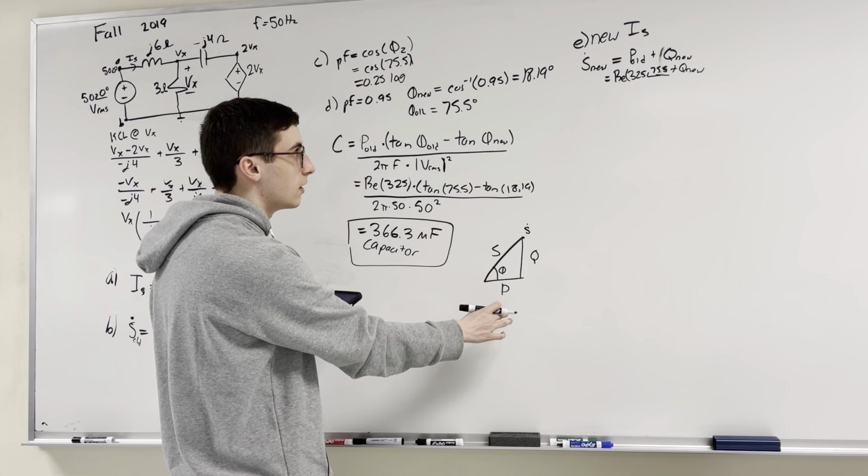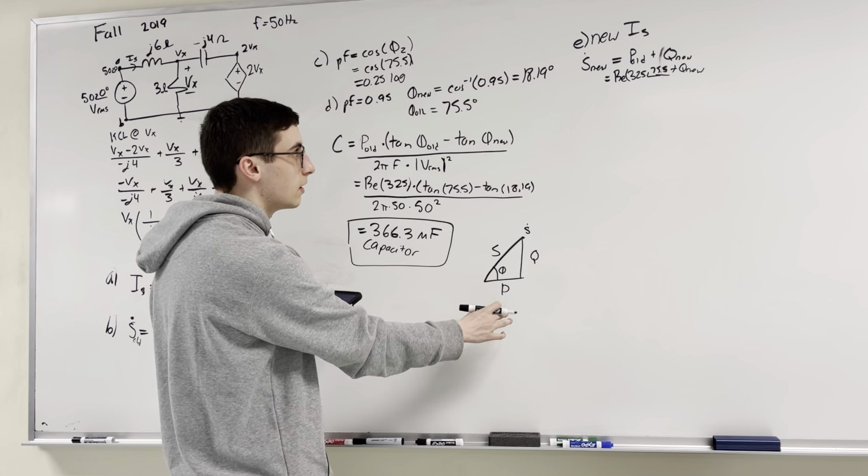Q and P are related by tangent. So Q over P is equal to tangent theta new, which means Q is equal to tangent of theta new times P.